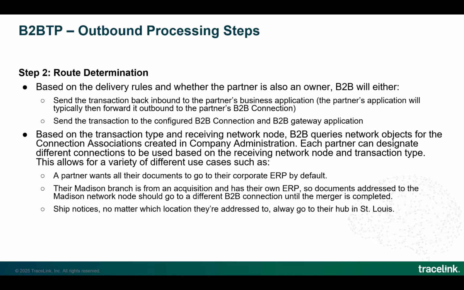The same file has not been modified so far. It is the same transaction that has been flowing. So this transaction will have the receiving network node ID as well. Now on the outbound side, the transformation would happen later, but B2B wants to find out which B2B connection the document should be routed to.